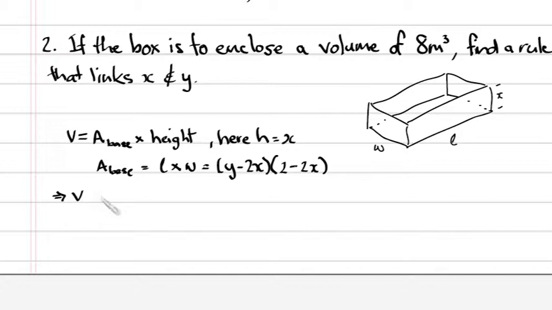So the volume will be the product of the length by the width by the height. In other words, it's 2 outside of Y minus 2X, so 1 minus X by X. That's factorising one of the brackets there.